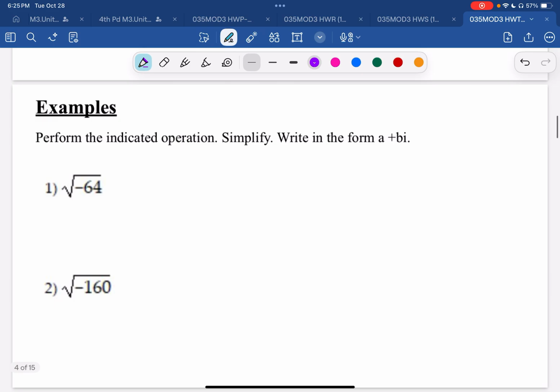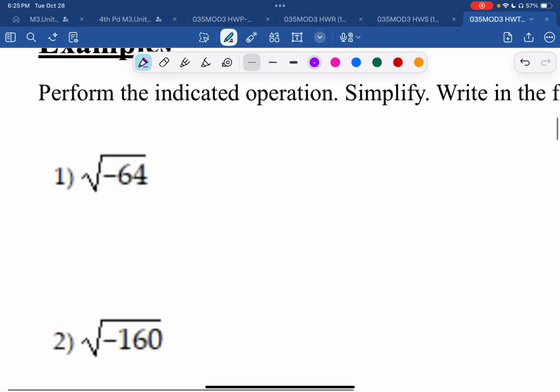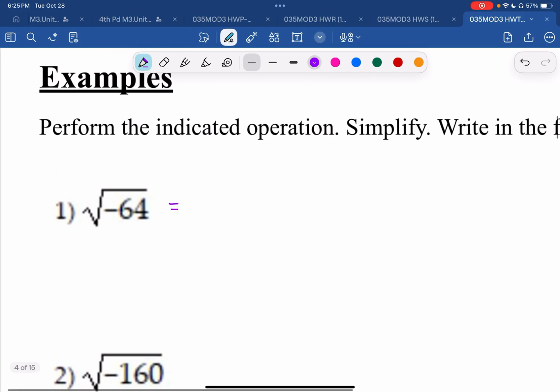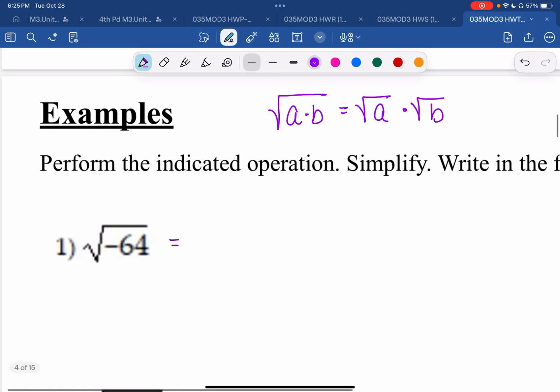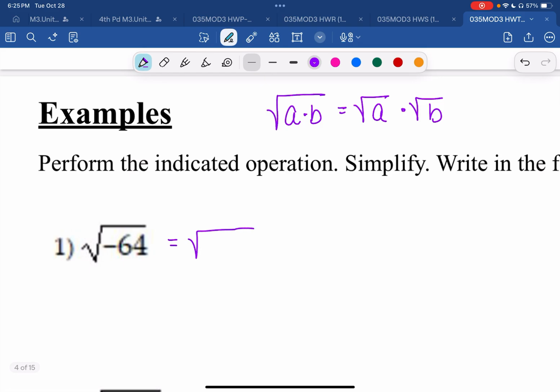Okay, so let's look at how we can use this to do some simplification of some radicals. Remember our rules for simplifying radicals said that if we had the square root of A times B, we could write that as the square root of A times the square root of B. So what we could do here is split this up and say that it's the same thing as -1 times 64.